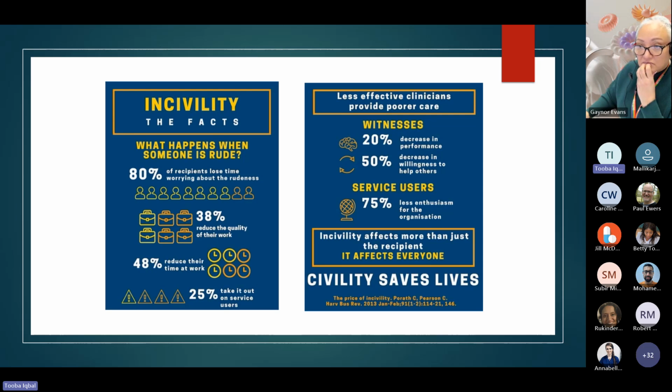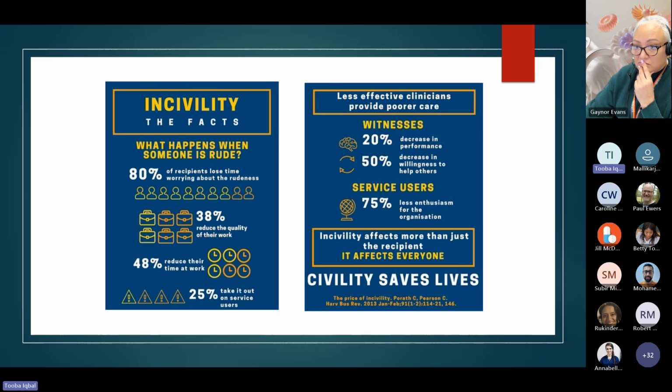There's a 38% reduction in the quality of their work. There's a 48% reduction in the time at work. So it may or may not reflect sickness data or the percentage of absence or sickness within the different departments, which is high in the acute settings like A&E, operation theaters.